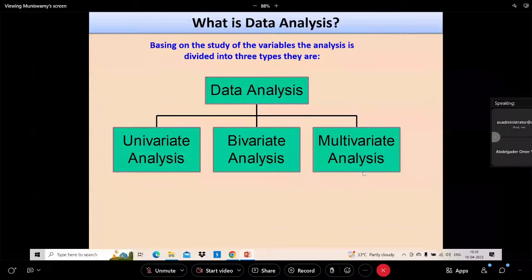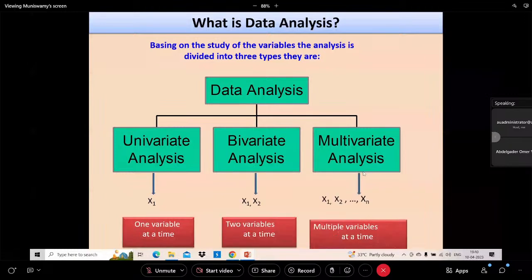You have to study the weight of the fish also, and the length and width. These variables are also important. That's why univariate, bivariate, and multivariate analysis is important. Univariate is one variable, bivariate two variables, multivariate more than two variables.